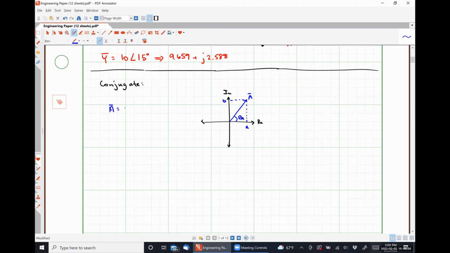So A is defined as a plus Jb in rectangular form, and as A equals A e to the J theta A in exponential form, which is the same as A angle theta A in polar form.